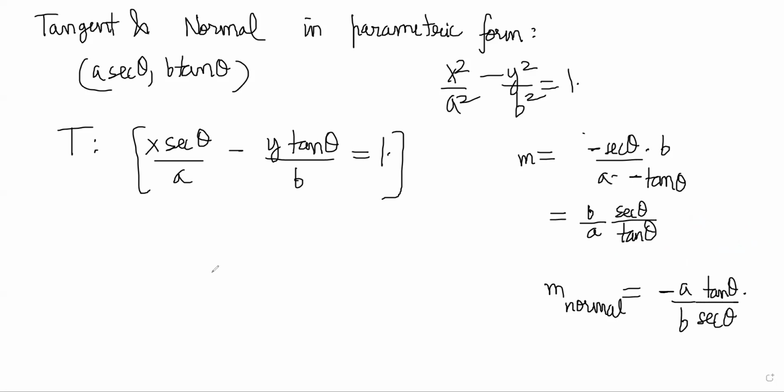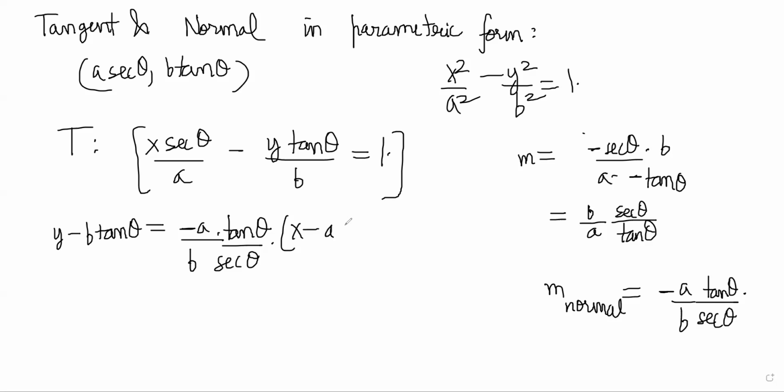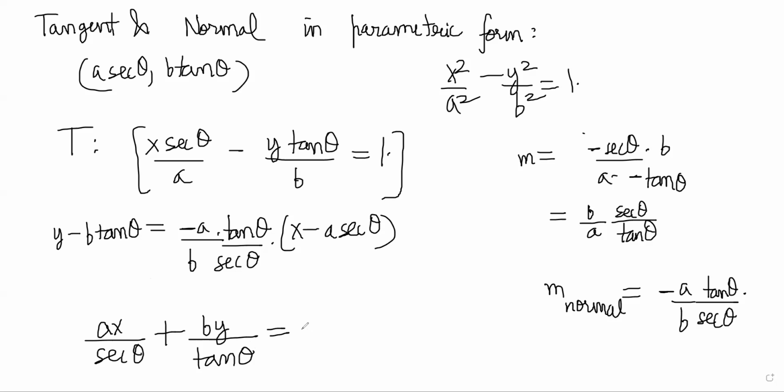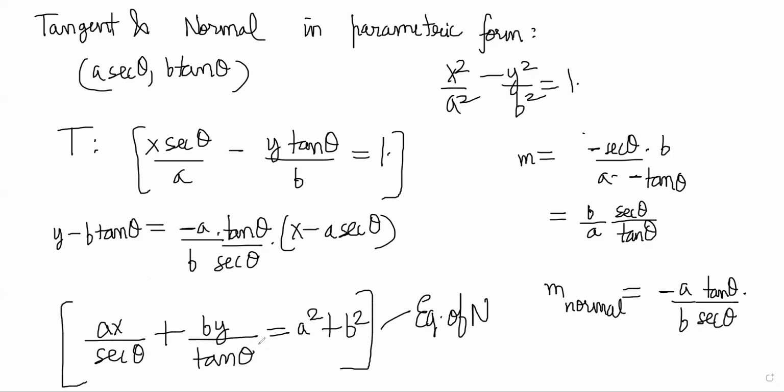And if you know the slope of the normal, you can write the equation of the normal as y minus b tan theta is equal to minus of a by b tan theta by sec theta multiplied by (x minus a sec theta). If you simplify this equation, you will eventually get ax by sec theta plus by by tan theta is equal to a squared plus b squared. This becomes your equation of the normal in parametric form. So this is my tangent equation in parametric form, and this is my normal equation in parametric form.